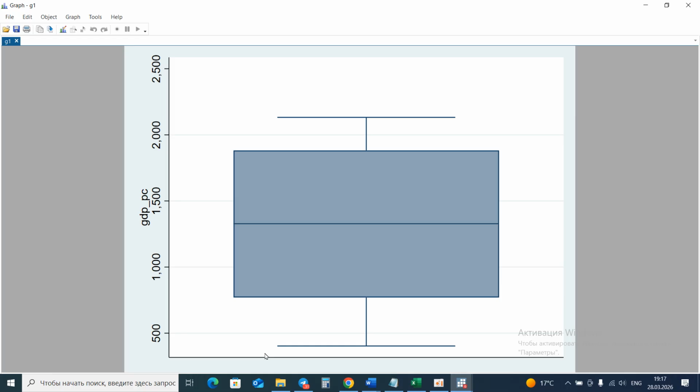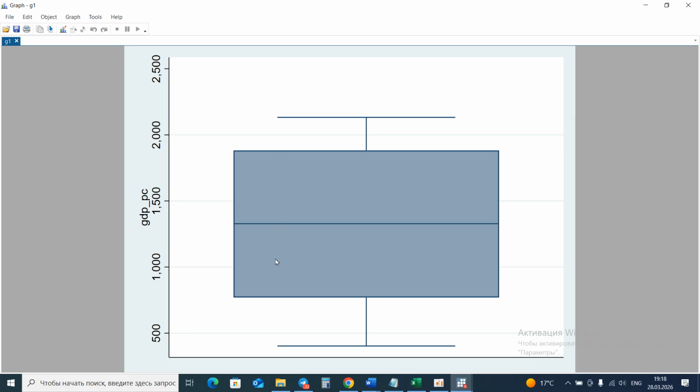Graph box reveals the distributional characteristics of GDP per capita, indicating possible skewness and presence of outliers, which are common in macroeconomic data. So it summarizes data using 5 key statistics like median, lower quartile, upper quartile, box, whiskers, and outliers.